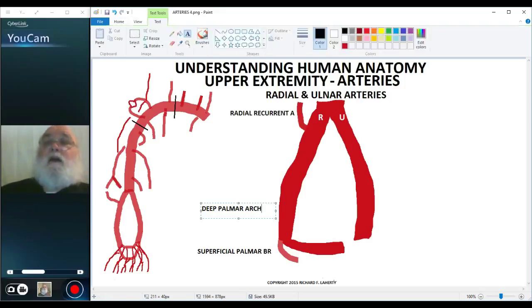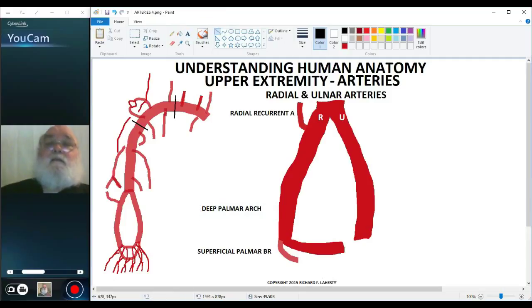And I'll draw a line to it like so. So the deep palmar arch originates primarily from the radial artery, but the radial artery gives off a superficial palmar branch, and that superficial palmar branch will go to the superficial palmar arch.